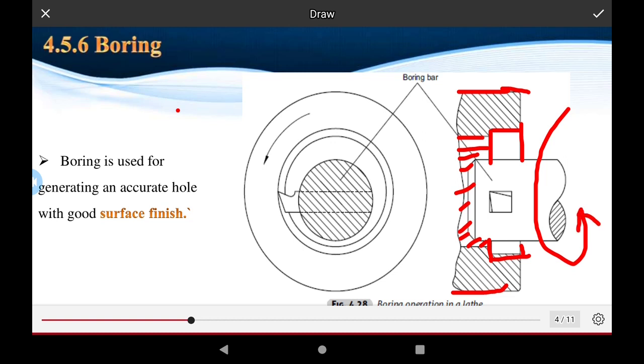In the external turning operation the tool works on the external surface of the workpiece, and in the internal turning operation, by use of internal turning tools, the internal diameter of the workpiece is increased and the required diameter of the job is achieved, internal and external both.